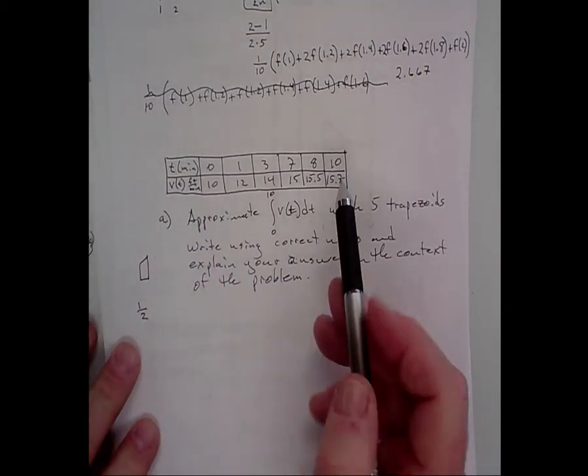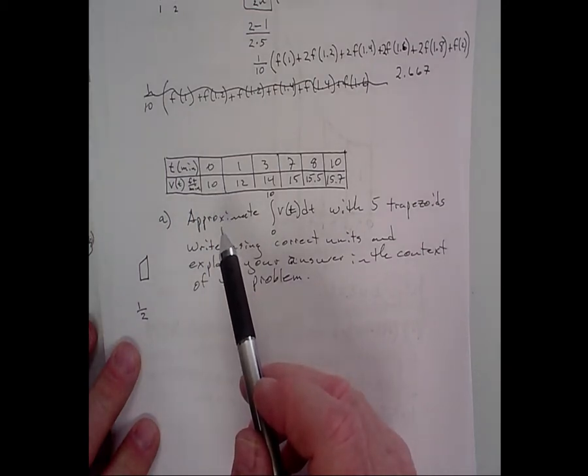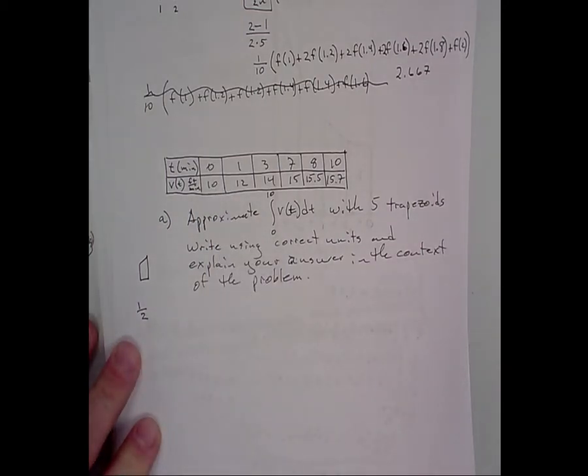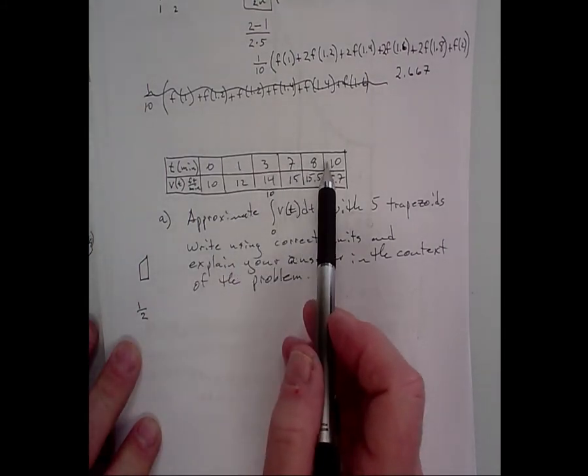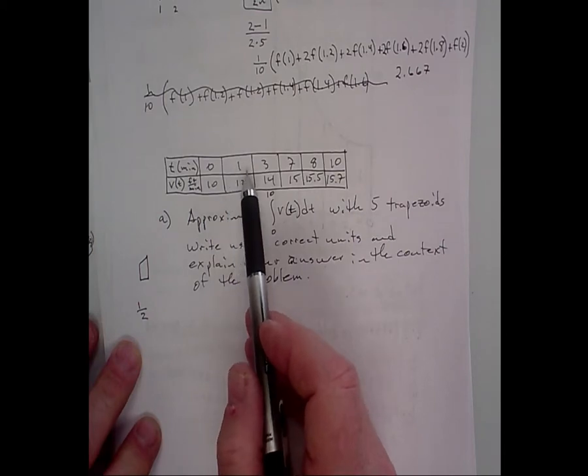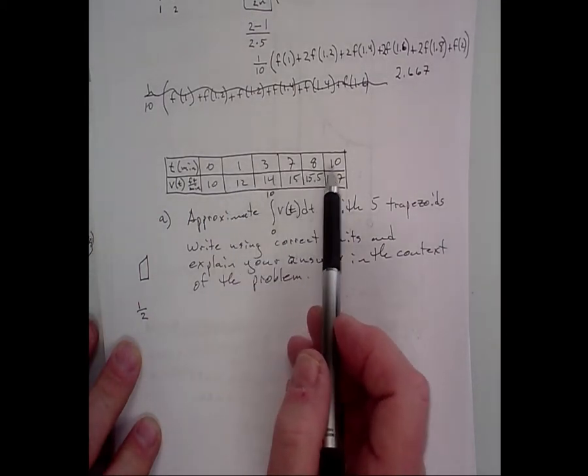So you would take 10 minus 0 divided by 1? No. What would you do? You divide by 5? 5 trapezoids. Yeah, but they're not all of equal length. So this has a difference of 1, this has a difference of 2, this has a difference of 4, this has a difference of 8, this has a difference of 10.